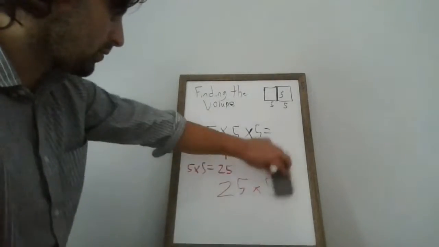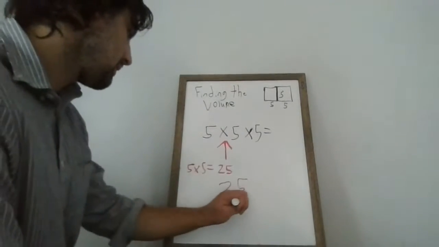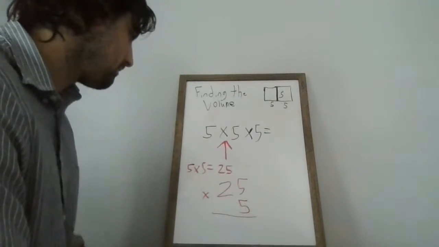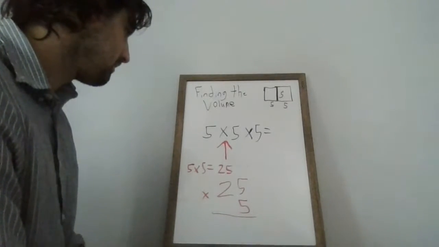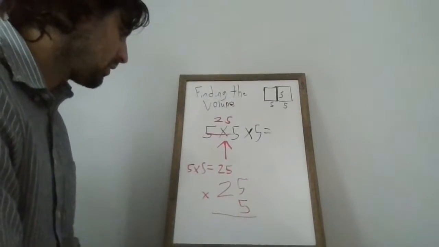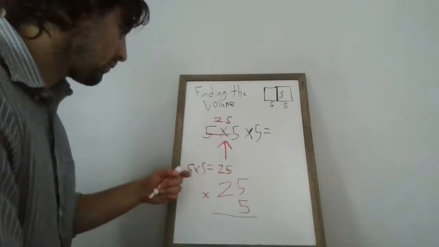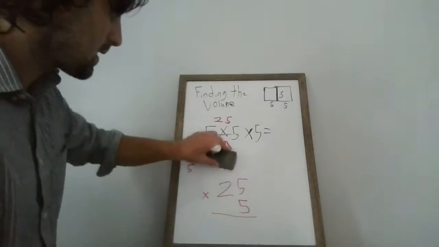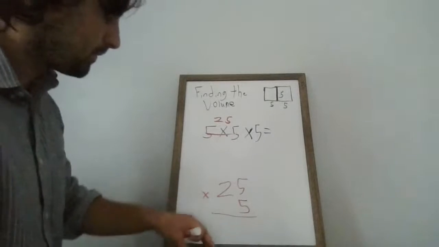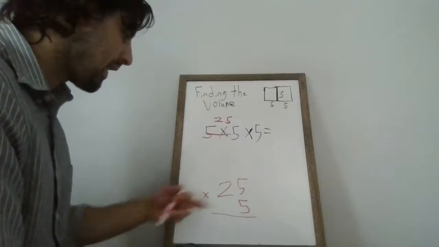And you know what? I am going to do that so it's more clear through the regrouping strategy. So 5 times 5 equals 25.